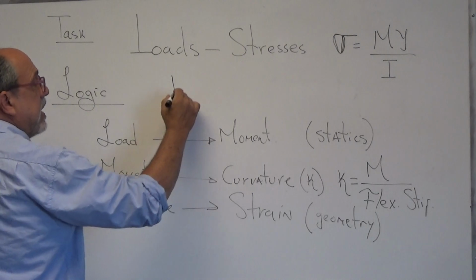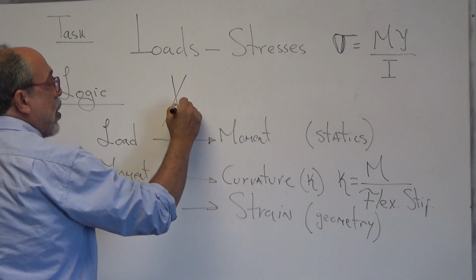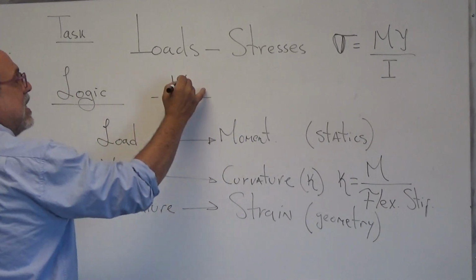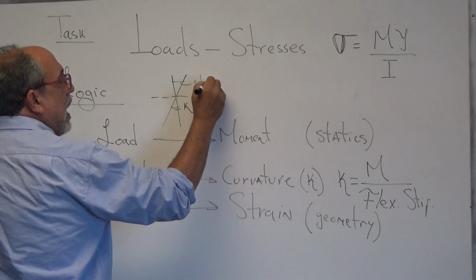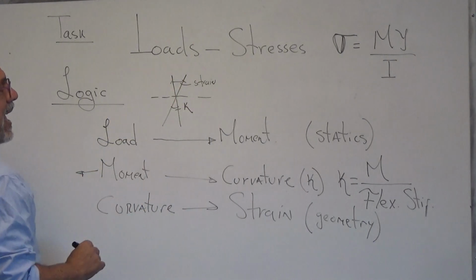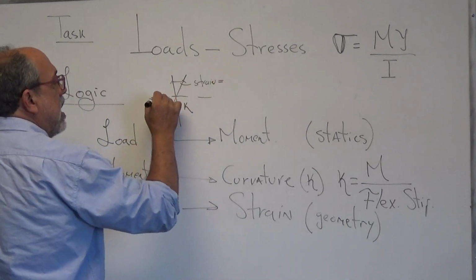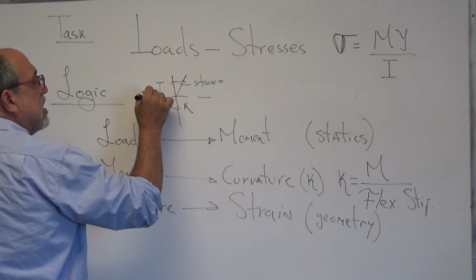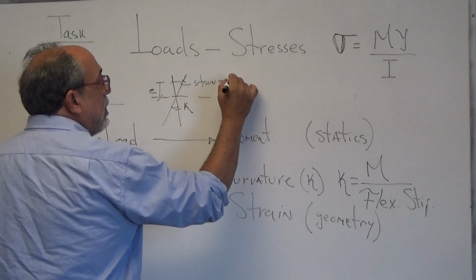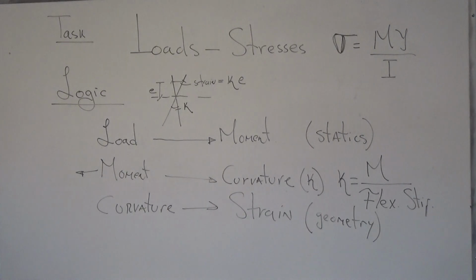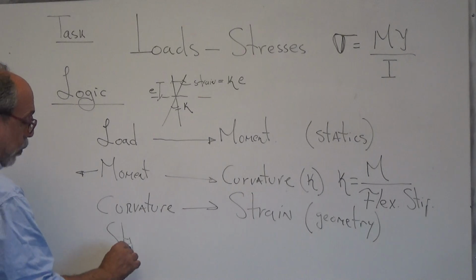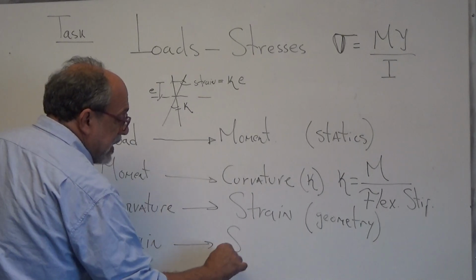If this is the curvature, and this is the location of the neutral axis, this is the strain. Since the curvature is a very small angle, we don't need to distinguish between angle and tangent, so strain is curvature times distance. If that distance there is e, then the strain there is simply the curvature times e, right? So from curvature we go to strain, and then from strain we go to stress.